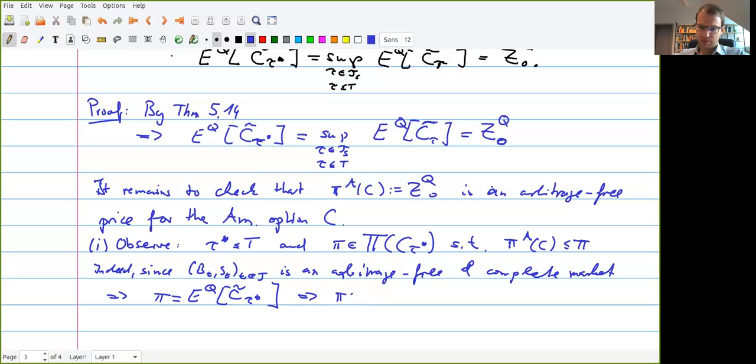well, we know that A and C, right? The American price, we just defined it as, here we are. Let's use this equality here.